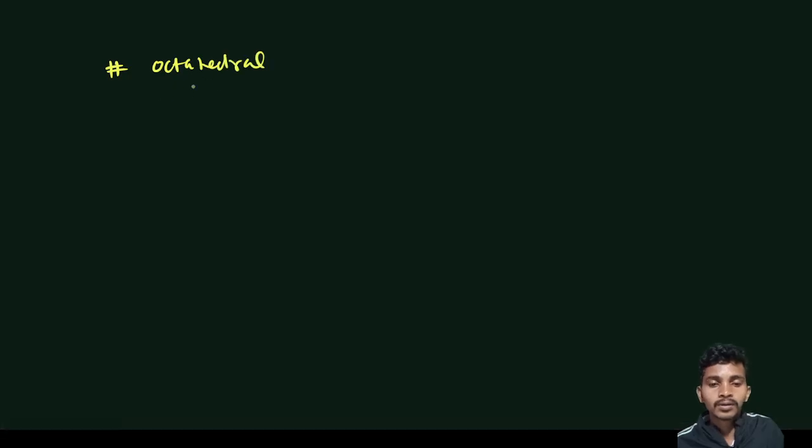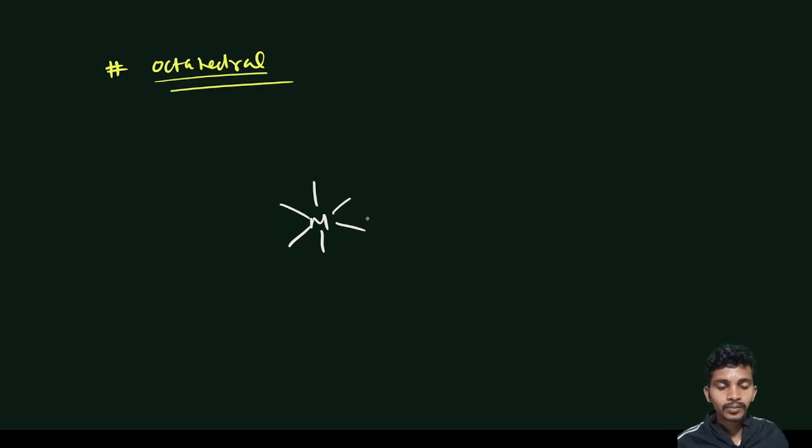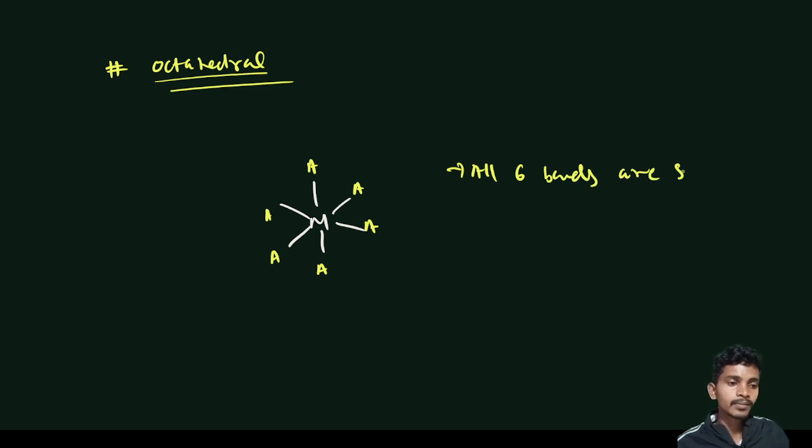So now we will go to another important geometry, that is octahedral geometry. So in the octahedral case, unlike here where 4 is there, all 6 bonds are the same length, like it says A. All 6 bonds are the same.